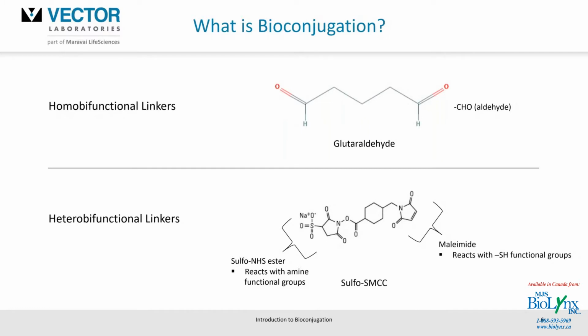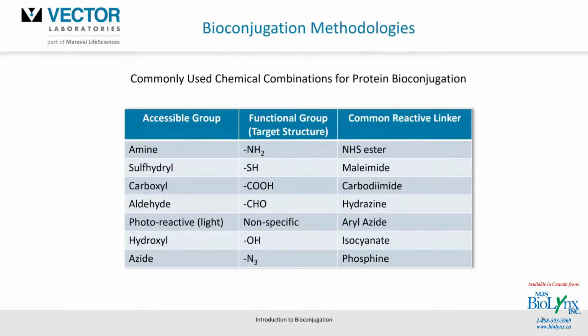Now we'll look at some of the other selections or choices that are commonly used for bioconjugating proteins. We have used the term previously in some other slides, amine groups. We have looked at some sulfhydryl groups. And so here's the accessible group, this is the name of the particular group, and this is the actual target structure of it.